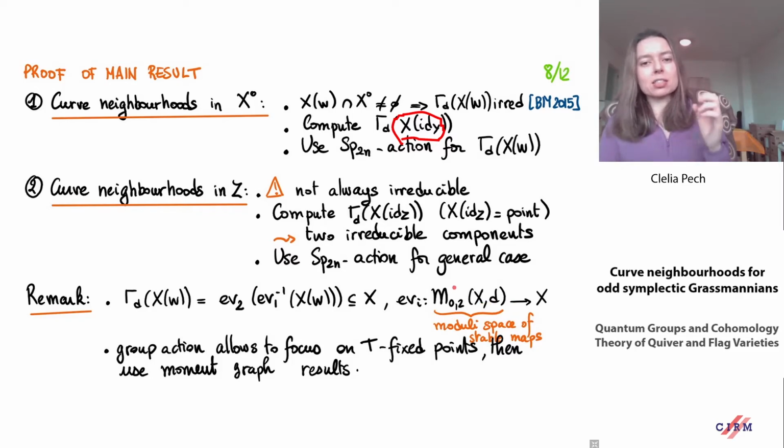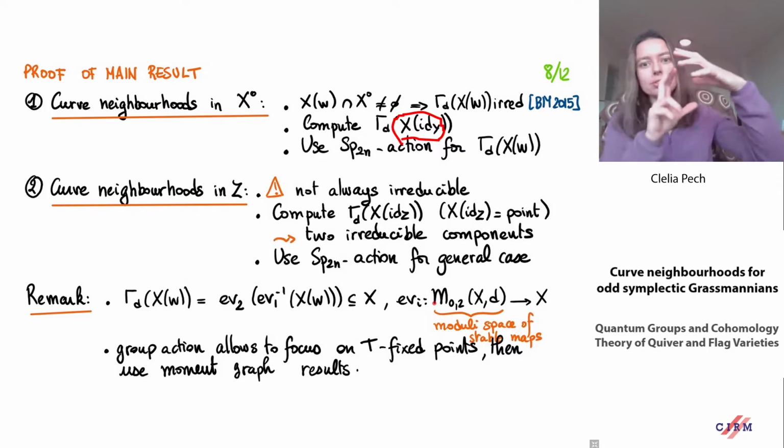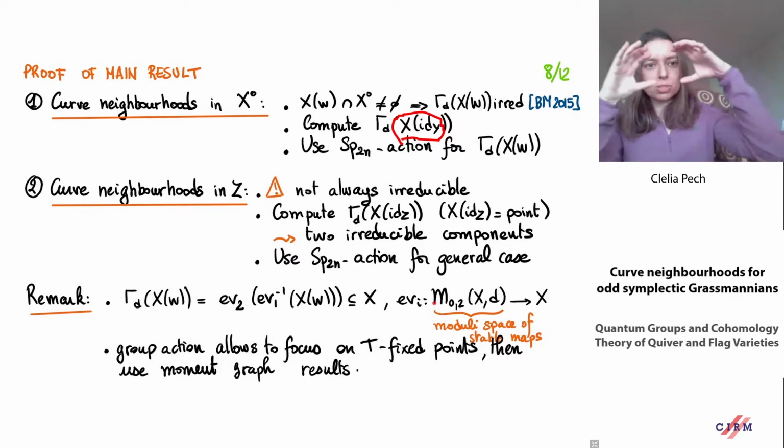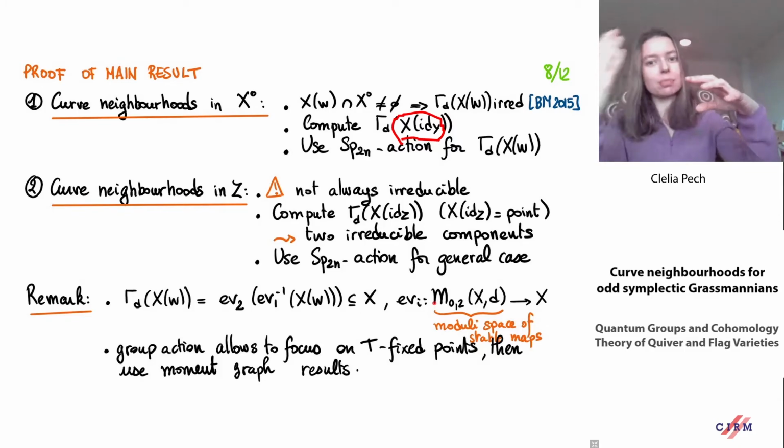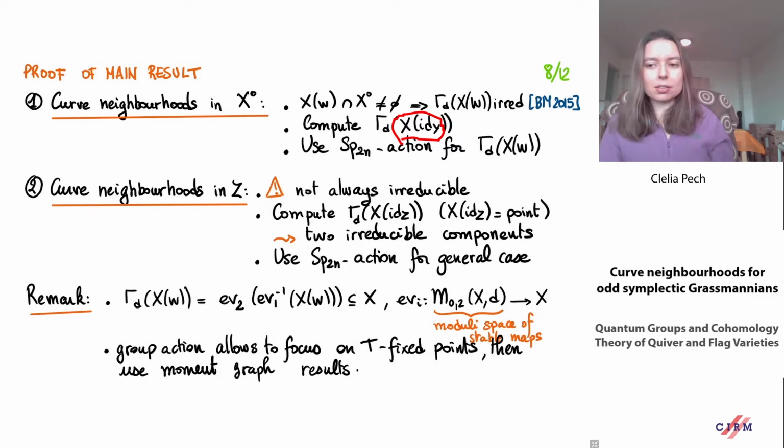This moduli space is a little bit like just looking at degree d curves on the variety, but it's a compactification of that. The evaluation morphism, if I have a curve with 2 marked points on it, evaluation at the first marked point sends the curve to just that point, and same for the second one. And so you can define the curve neighborhood in that way.